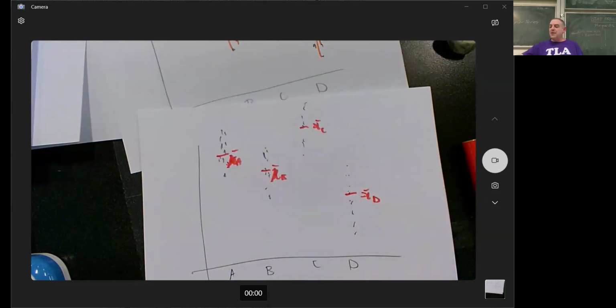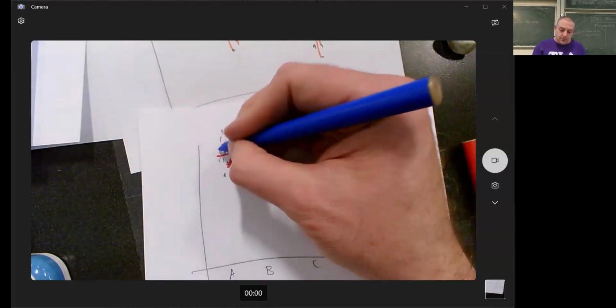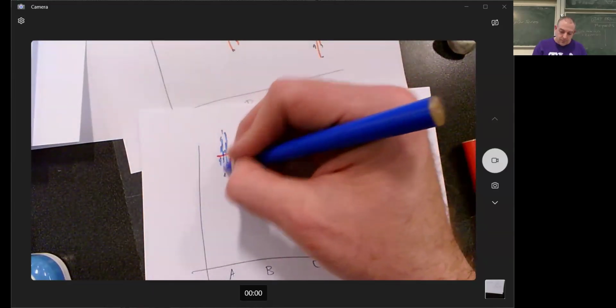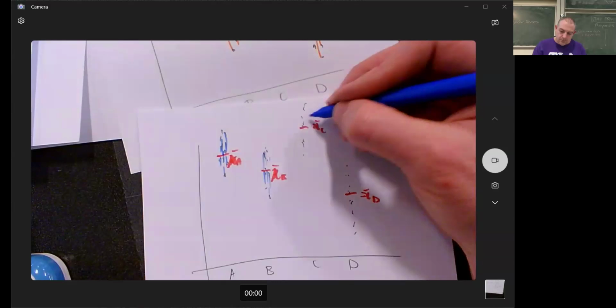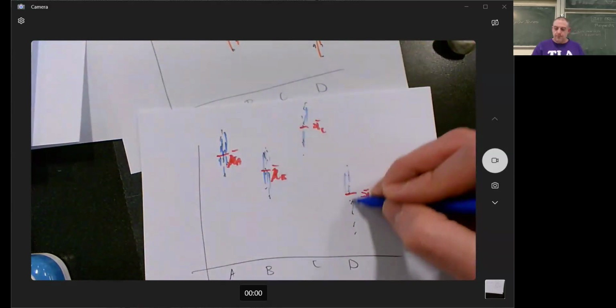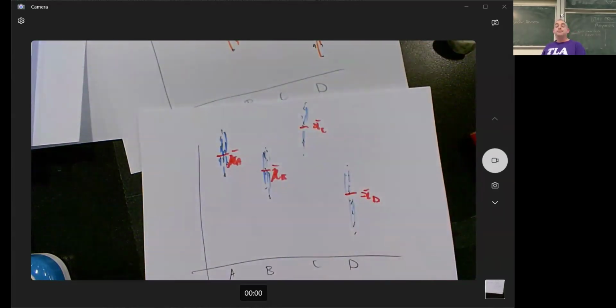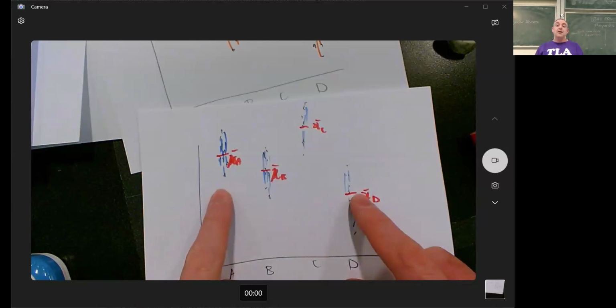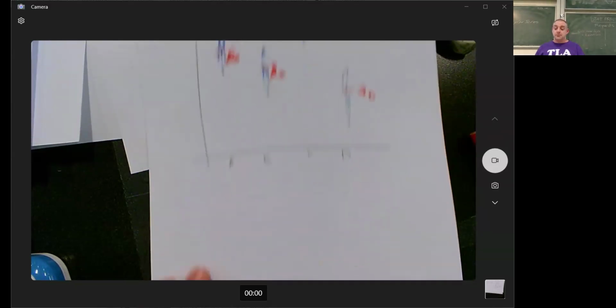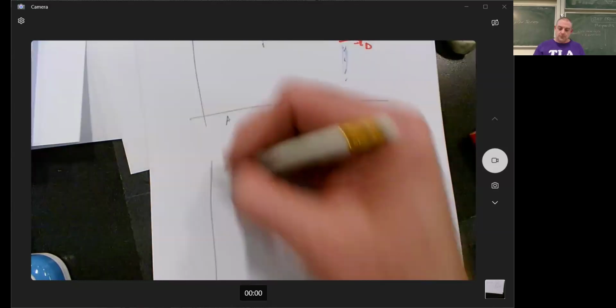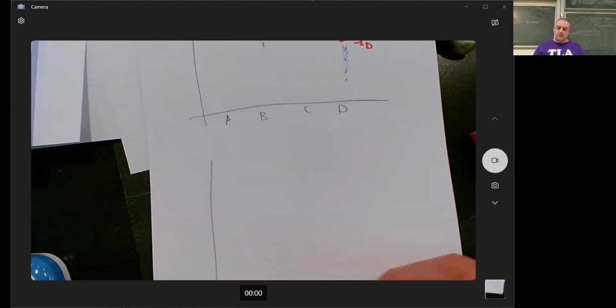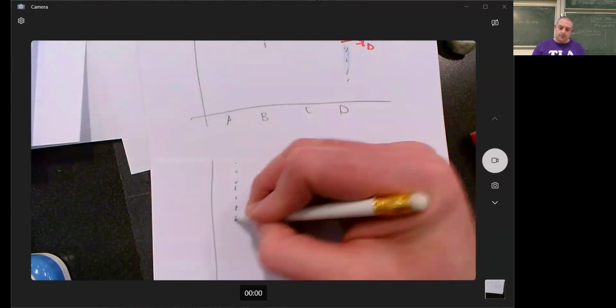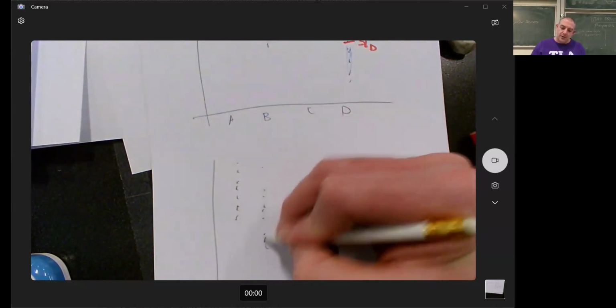And I'm going to figure out how far everything is from those means, and square them and add them up. Lastly, I'm going to figure out how far all of these means are from the grand mean. It's getting worse, my drawings.